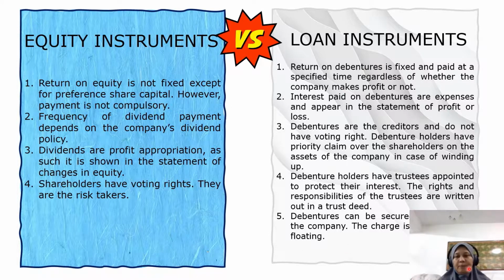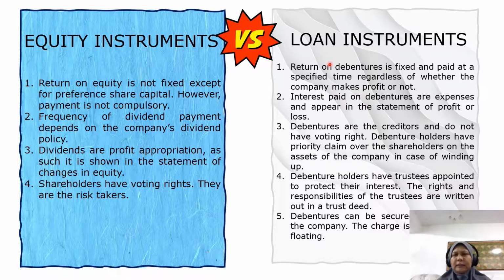First, the return on equity is not fixed; it fluctuates, except for preference share. It depends on the company's profit and the company's performance.